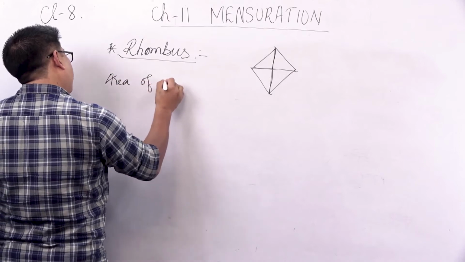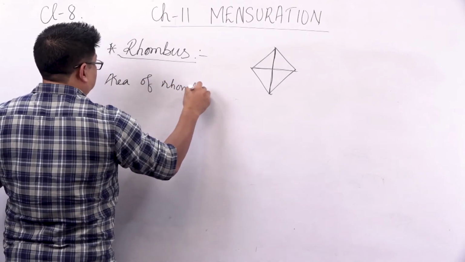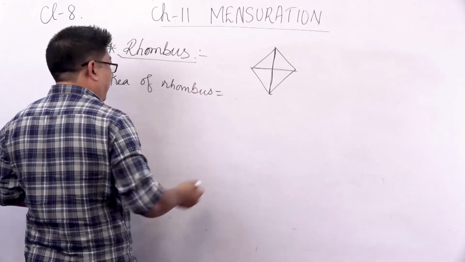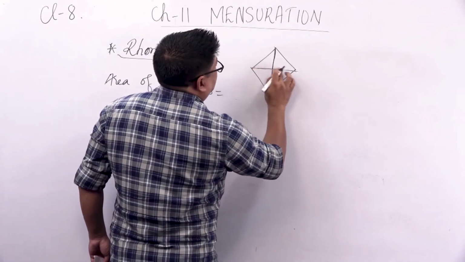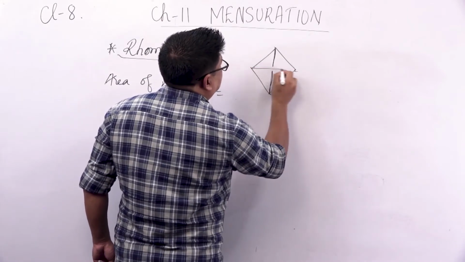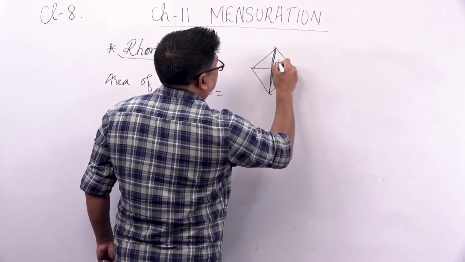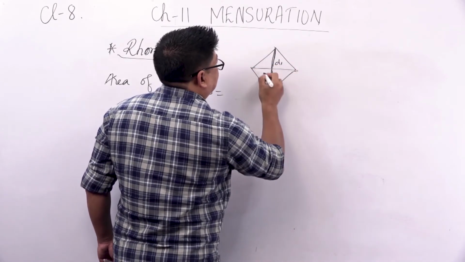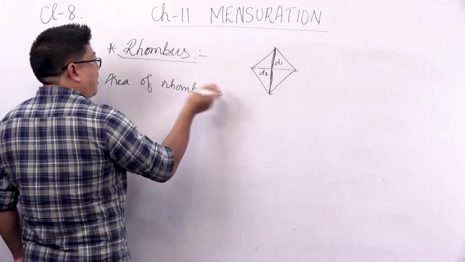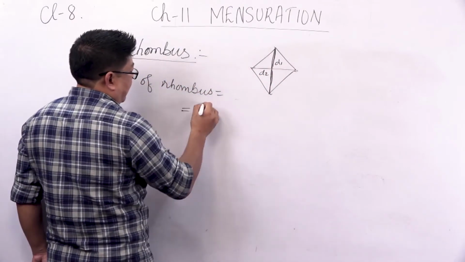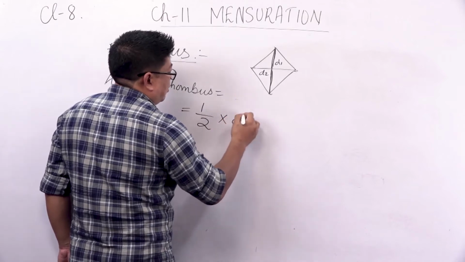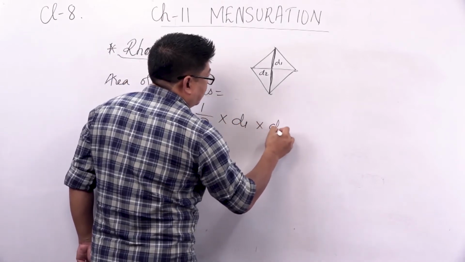Area of rhombus, this area of rhombus is found by, all right, let's denote these two diagonals. Okay, this is the first diagonal D1, this is the second diagonal D2. So area of rhombus is found by half into D1 into D2.